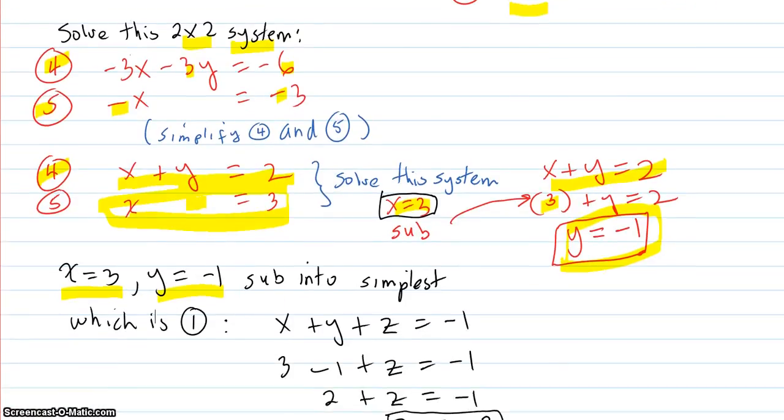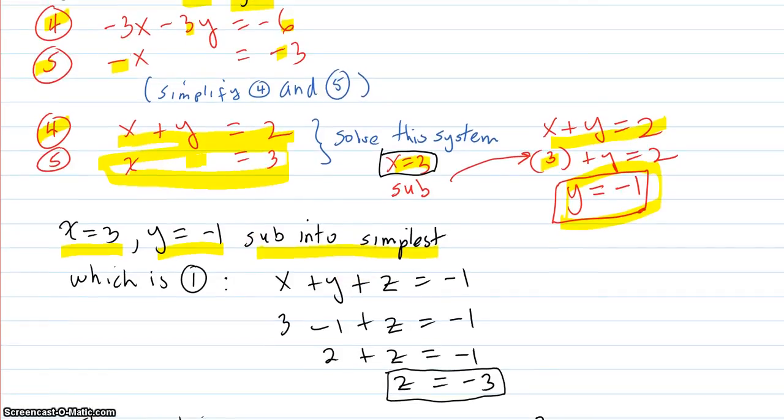Now we substitute it into the simplest equation of the original, which happens to be number 1. That's pretty simple right there. So we substitute x equals 3, there's a 3, y equals negative 1, plus z equals negative 1. 3 minus 1 is 2, 2 plus z equals negative 1.